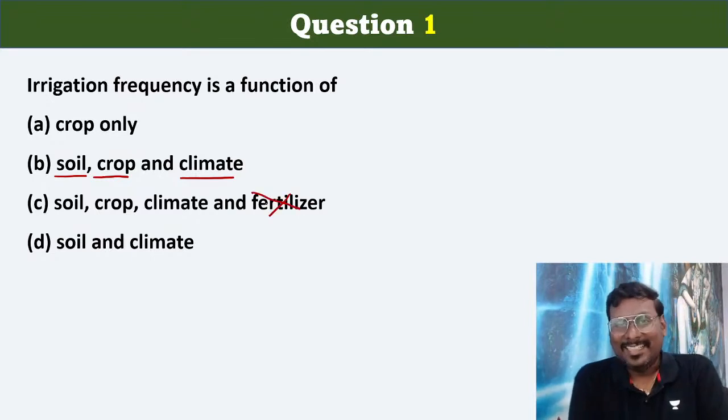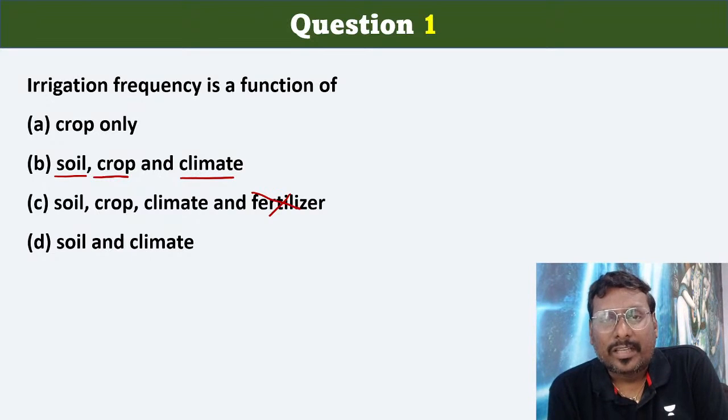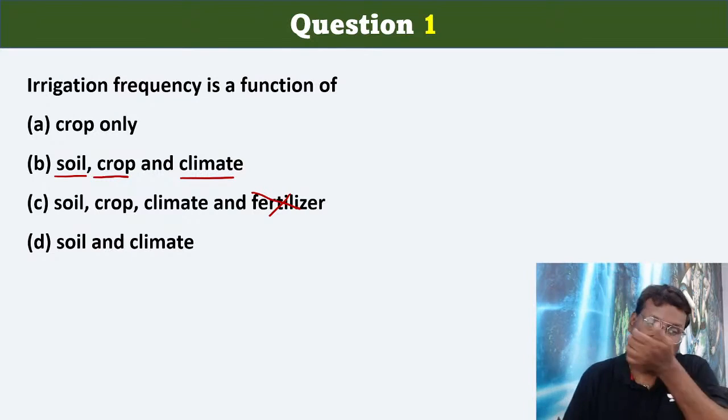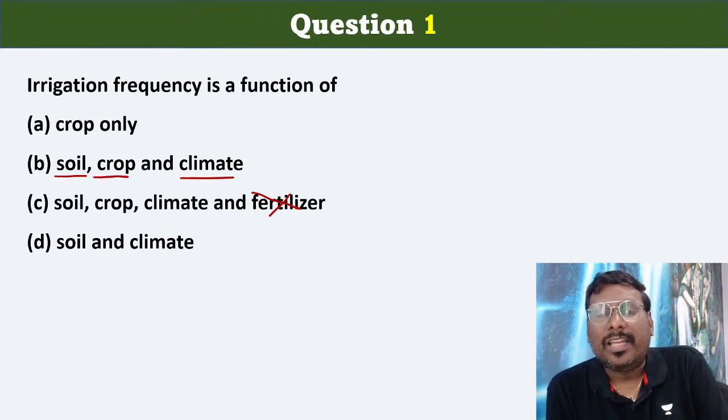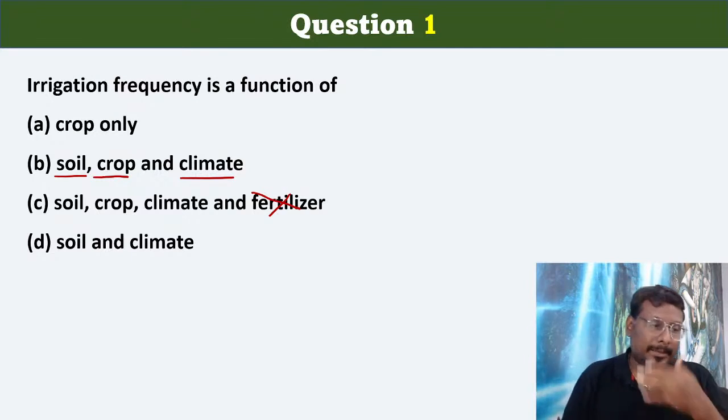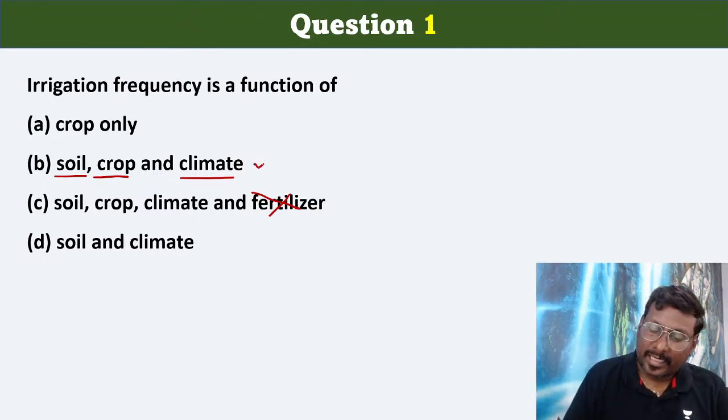Fertilizer does not decide how much frequency of irrigation is to be carried out. Fertilizer does not decide it. Only soil, crop and climate. What is the necessity regarding fertilizer?